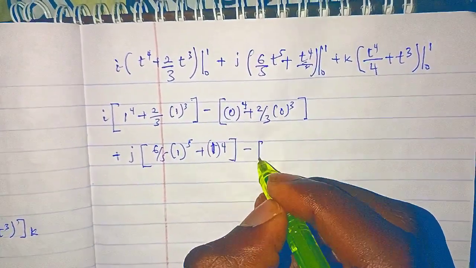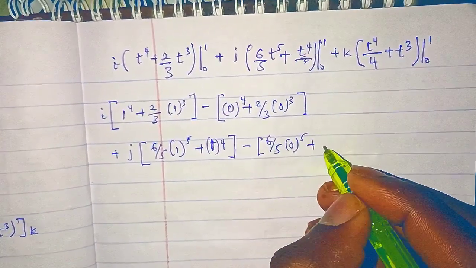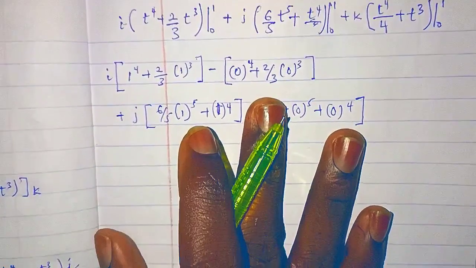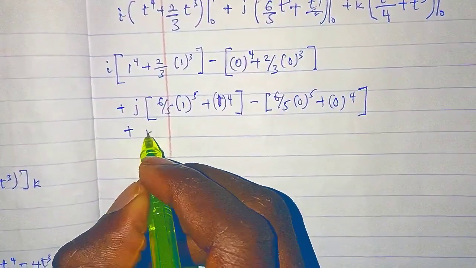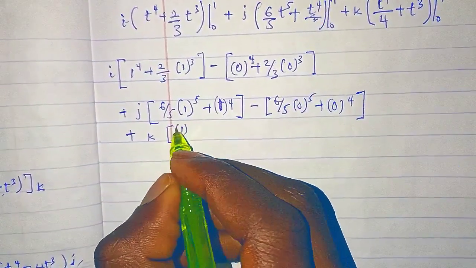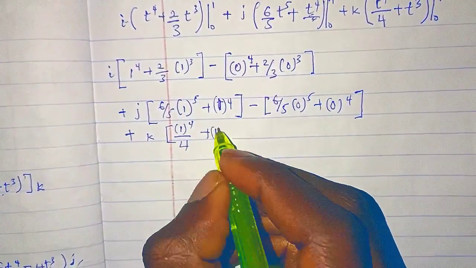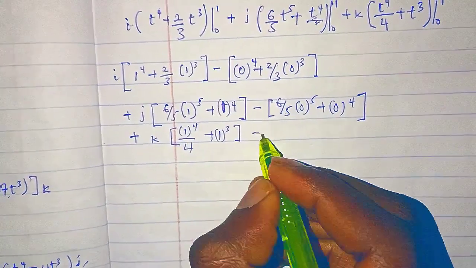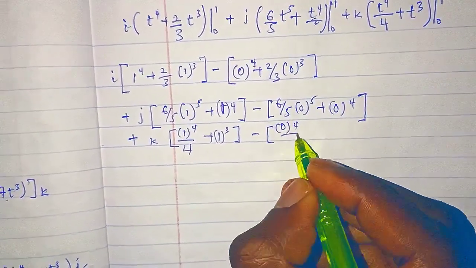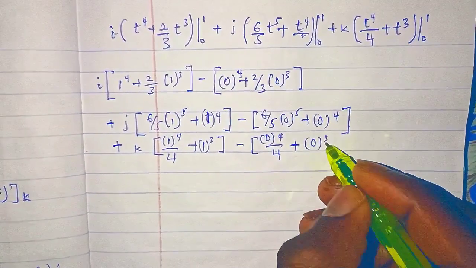Subtract from your lower limit, which is 6 all over 5 into 0 to the power 5 plus 0 to the power 4. Then plus k: the upper limit, 1 to the power 4 all over 4 plus 1 to the power 3. Subtract the lower limit, 0 to the power 4 all over 4 plus 0 to the power 3.